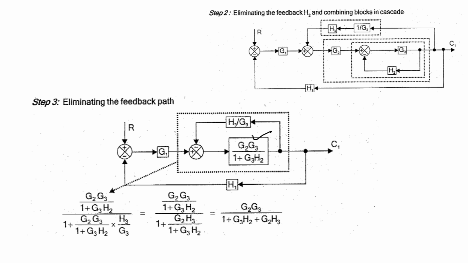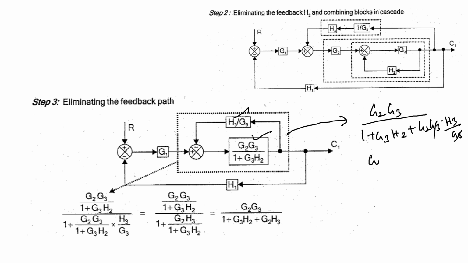So G2 G3 divided by 1 plus G3H2, and you have a feedback here. Now I can eliminate this loop again. So I will get G2 G3 divided by the denominator 1 plus G3H2, and since it is negative again, you will have plus the forward path G2 G3 into feedback path H3 by G3. Then you cancel that, and you will get an equivalent form G2 G3 divided by 1 plus G3H2 plus G2 H3.